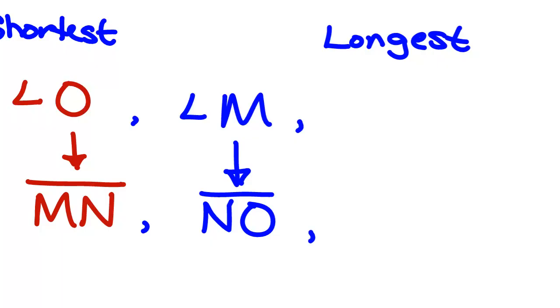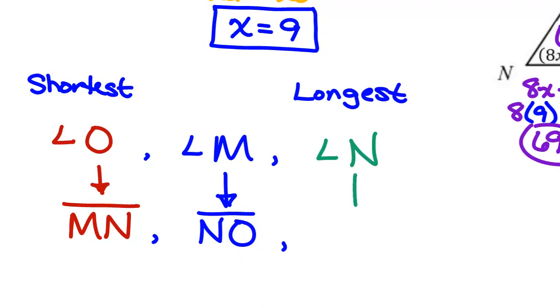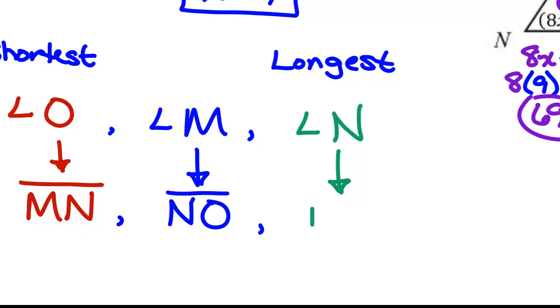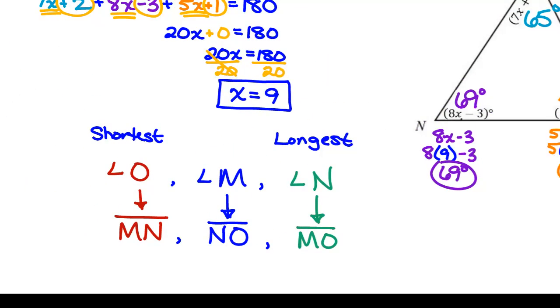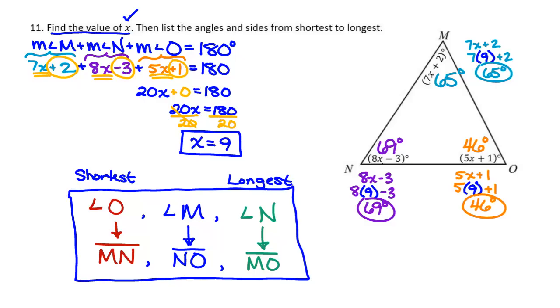What's our biggest angle? Angle N. And what side would correspond to that to be the longest side? MO. Very nicely done. So we have our angles and our sides in order from shortest to longest.